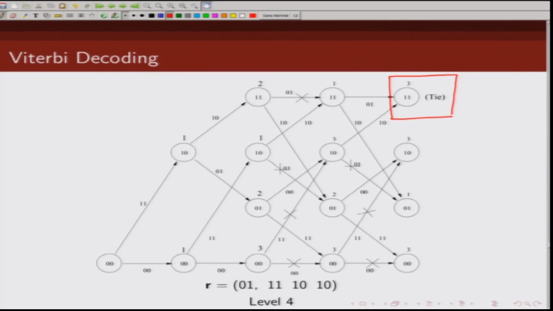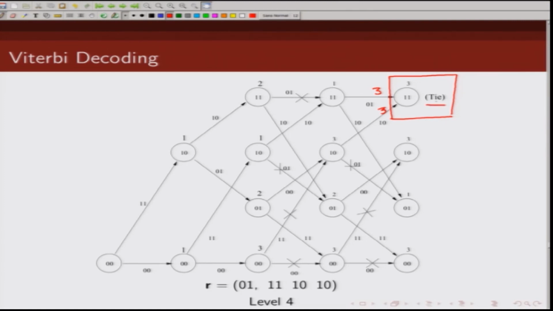So, 3 plus 0 is 3. Now, let us look at this. The partial path metric here is 1 and this is 0 1, so 0 1 and 1 0. This Hamming distance is 2, and 1 plus 2 is 3. So, note that both the paths here have the same path metric. So, there is a tie.